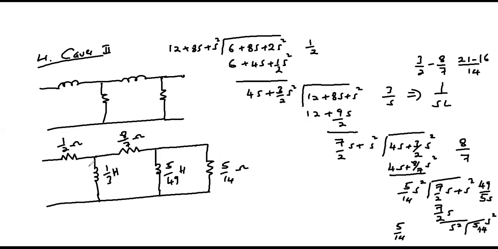As you noticed, we'll have resistors in series and inductors in parallel for the Cauer 2 implementation of the RL networks. Otherwise, thank you for watching the video, and that is the end of my discussion for the one-port RL networks.